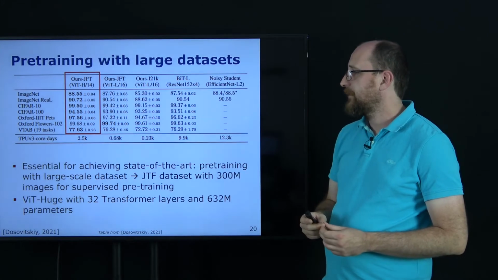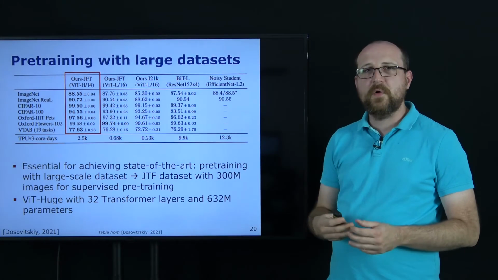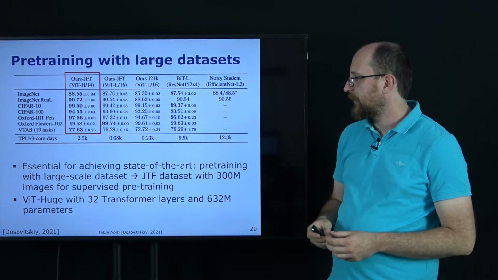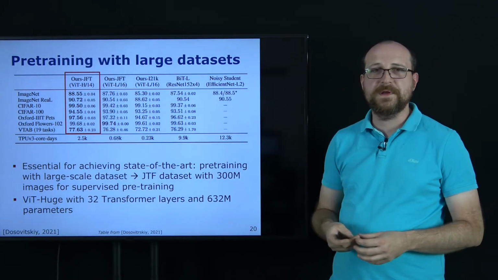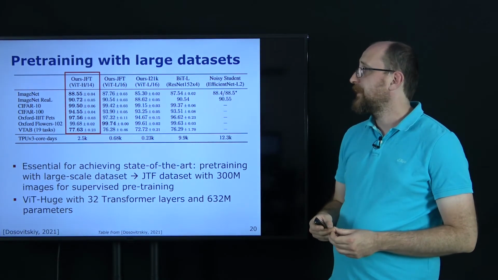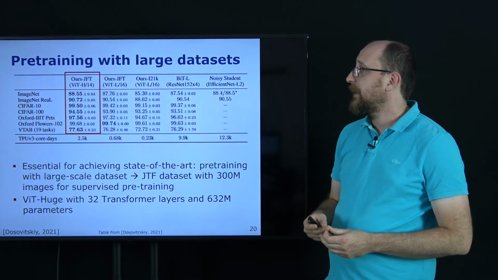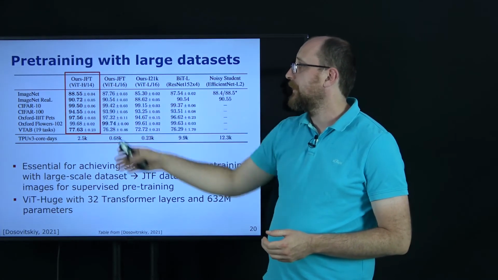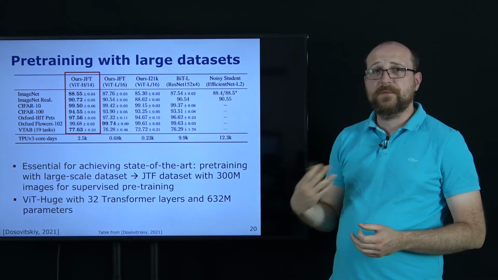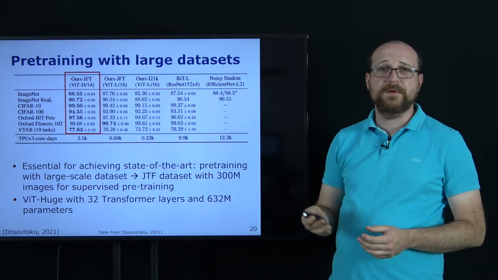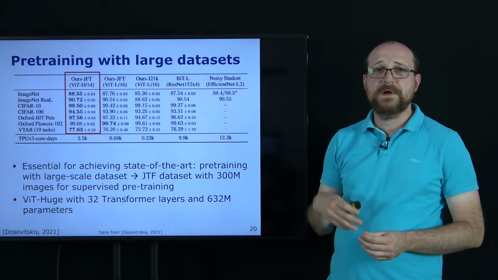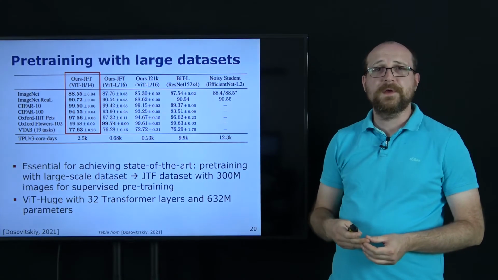But one has to note that this was only possible because Google had this very large JFT dataset with 300 million images, which can be used to pre-train the transformer and then use this on the downstream task. So the transformer was not trained on the ImageNet dataset itself, but on this much larger 300 million weakly labeled dataset for pre-training.